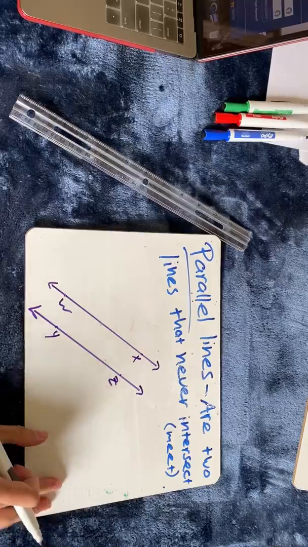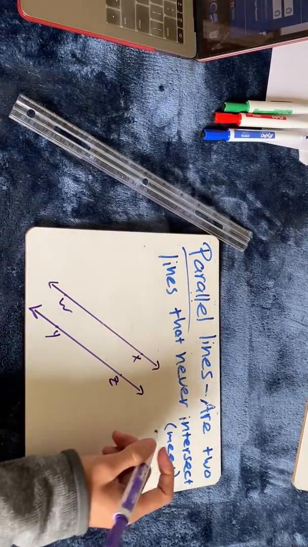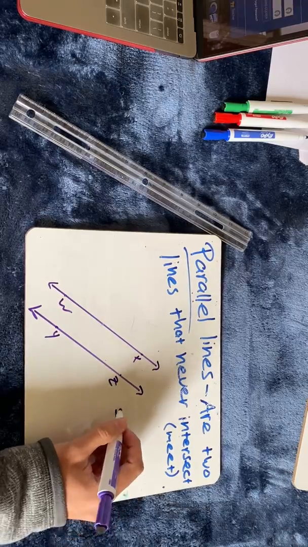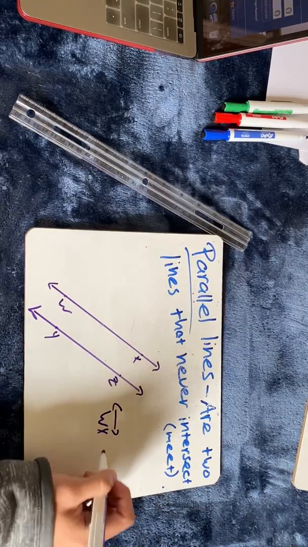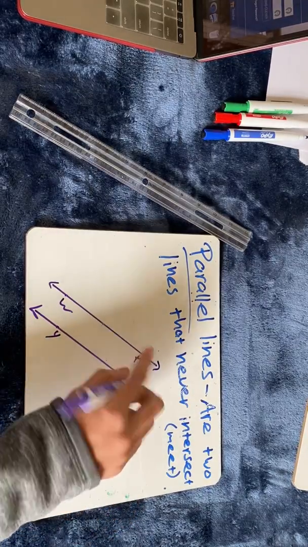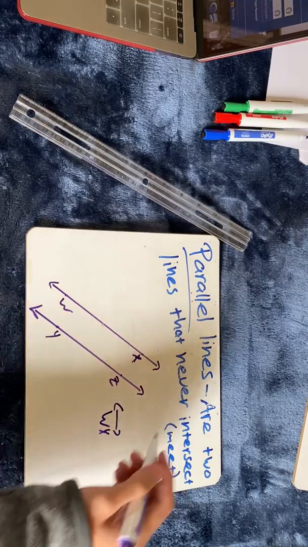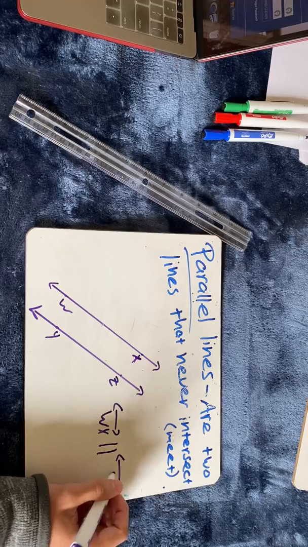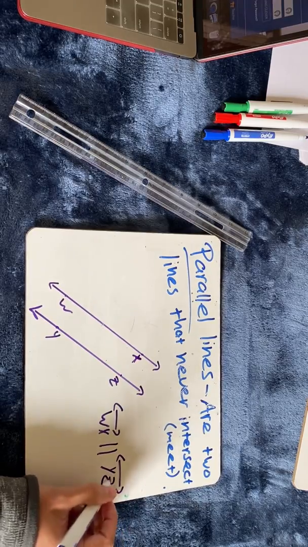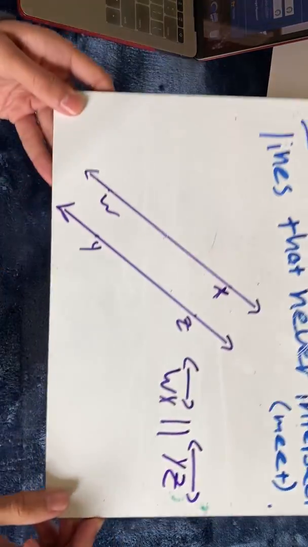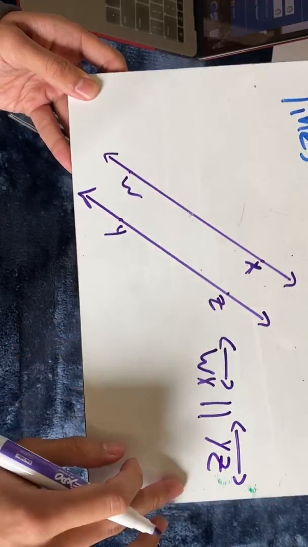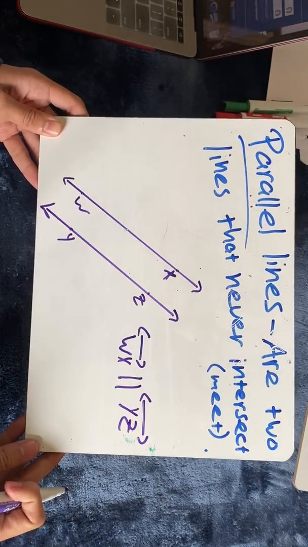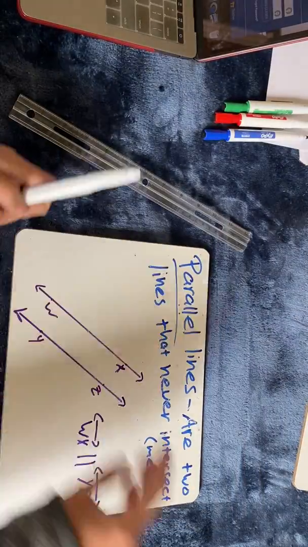How would we write that one down, okay? Well, for this one, this is my one line, WX. And then WX, this line, is parallel to YZ. And that's it. This sentence right here tells us that these two lines are parallel, okay?